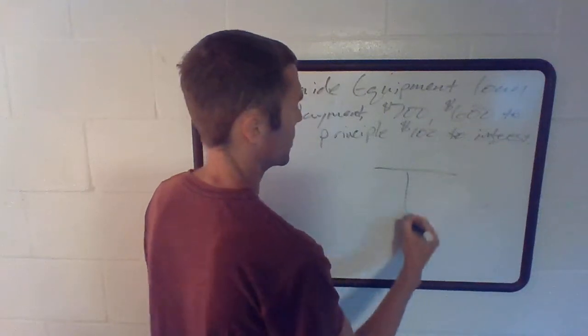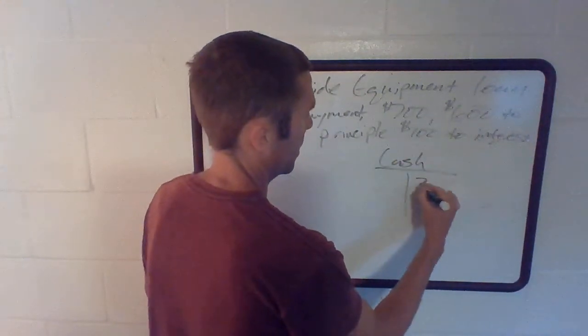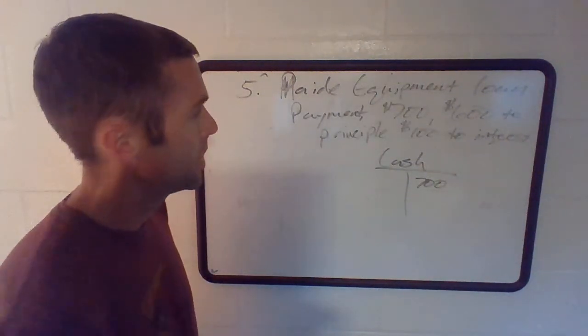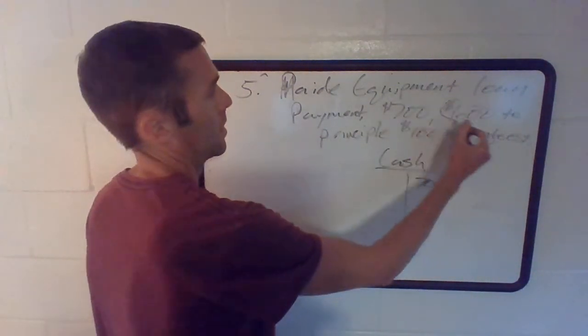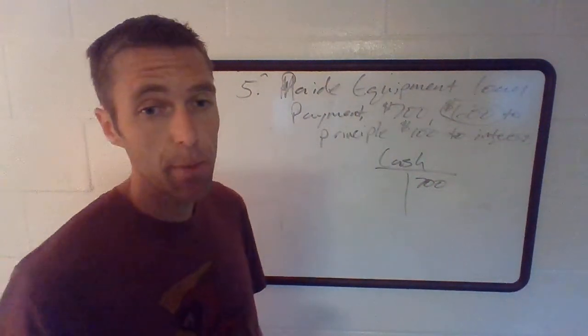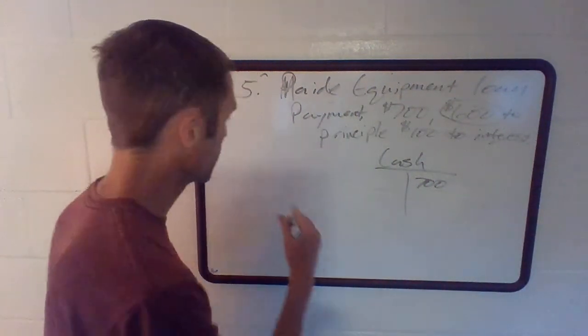We made a $700 payment. Cash goes down by $700. We also know that the amount that we owe them is going down by $600. That's what made to principal means.